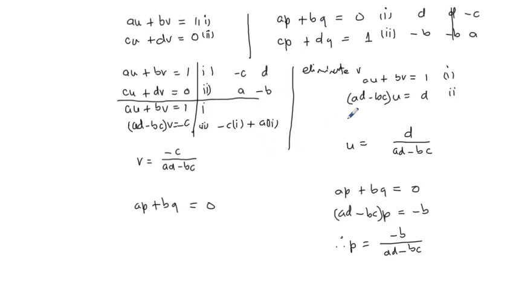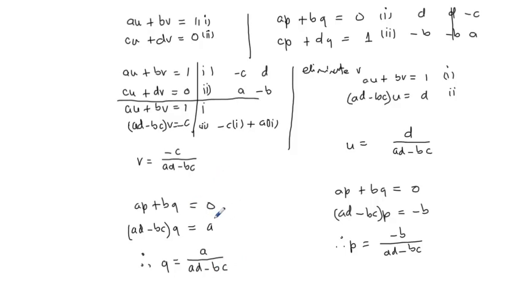Then there we're going to have AD minus BC times Q equals to what? 0 there plus A, which is equals to A, which then says therefore Q is equals to A over AD minus BC.